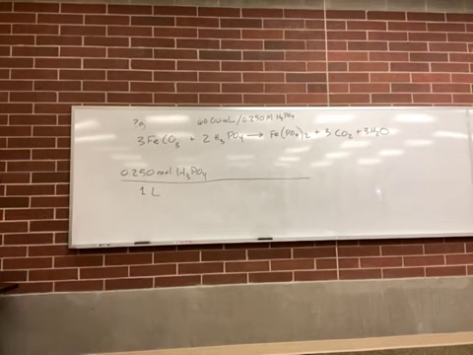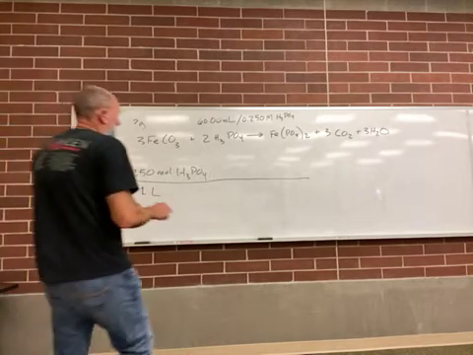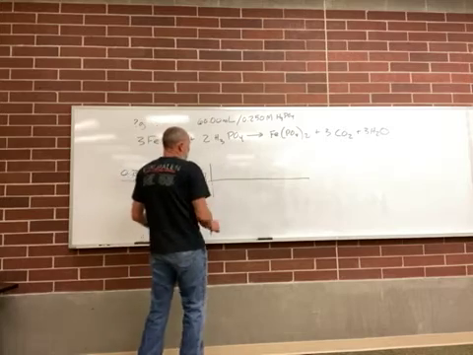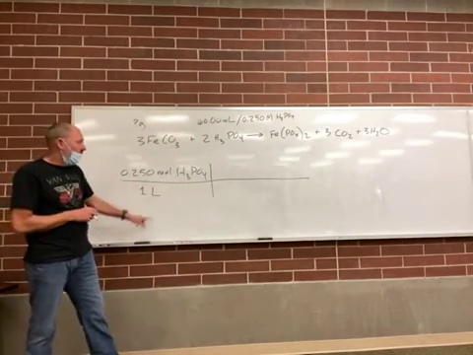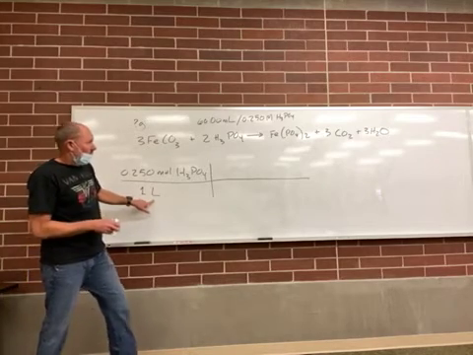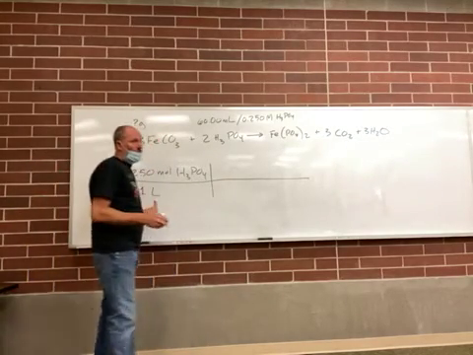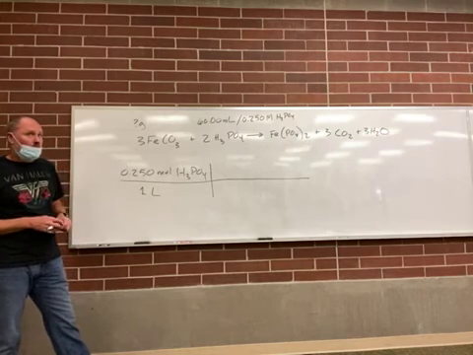Moles per liter. That's what that's telling me. So how then do I determine how many moles I actually have? Well, I have 60 milliliters, right? So I have moles per liter, so how many milliliters do I actually have?